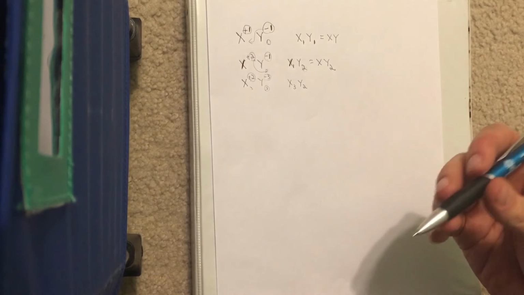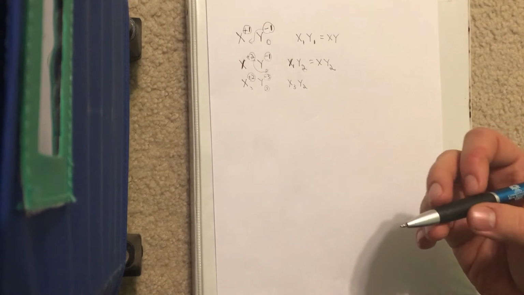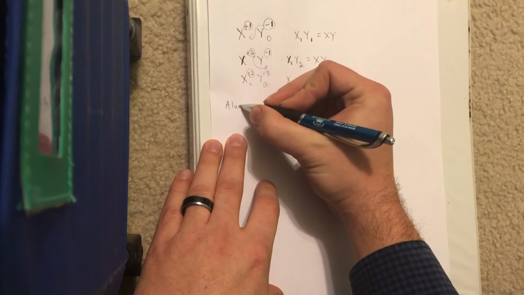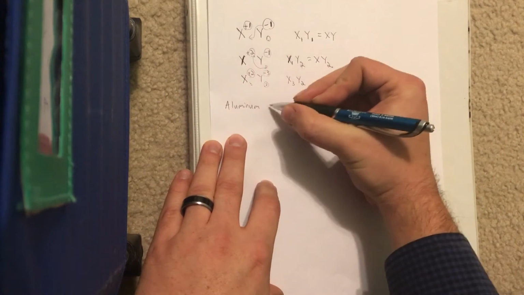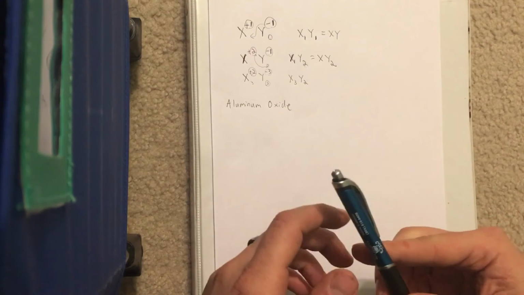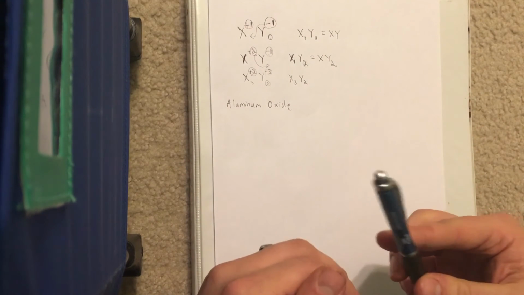in going from chemical name to chemical formula, you often have things like this. Let's say that we have aluminum oxide. This will be the case for any ionic compound.